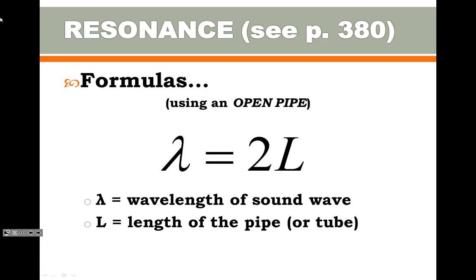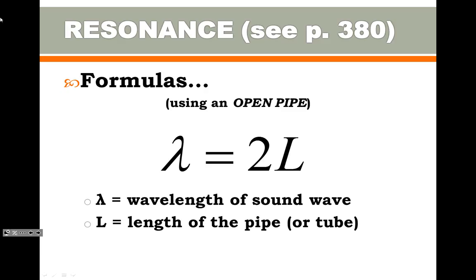So by finding wavelength using resonance, it can help us calculate speeds as well. Because remember, velocity or speed is frequency times wavelength. Or if we know the speed of the sound, 343, then we can also calculate frequencies if we know what the wavelength is. So this is just another method that we can use to find those wavelengths.